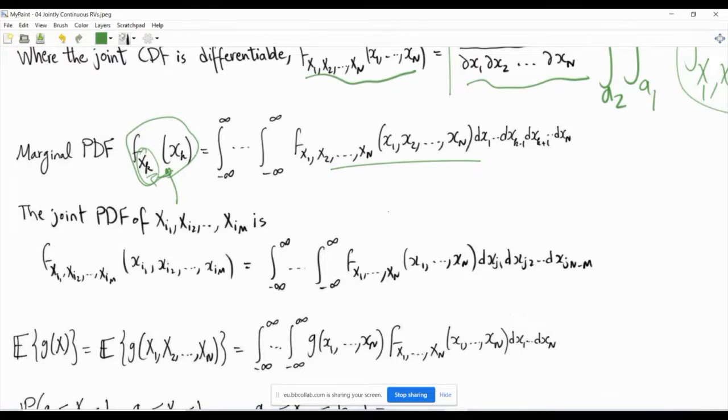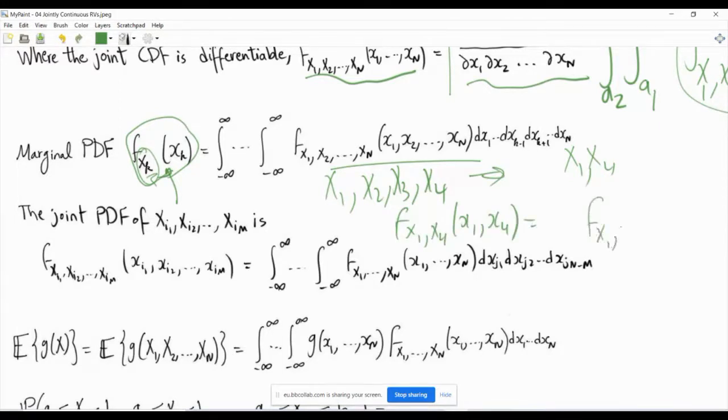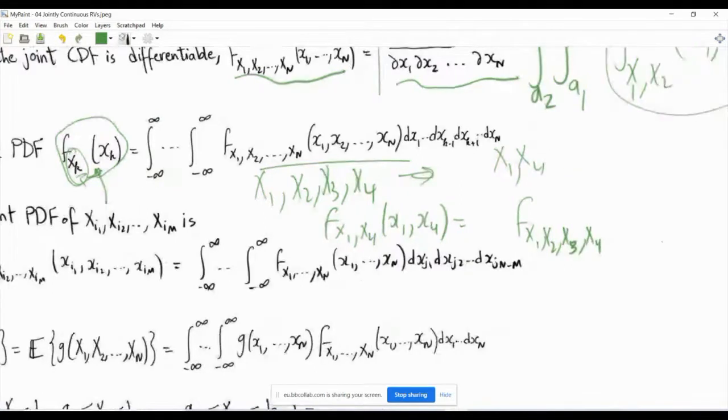Okay, so again, let's give a concrete example. If you have x1, x2, x3, x4, suppose that you are interested in the joint PDF of x1 and x4. Then the joint PDF of x1 and x4 is, again, you take the big f of x1, x2, x3, x4, parameterized by x1, x2, x3, x4.